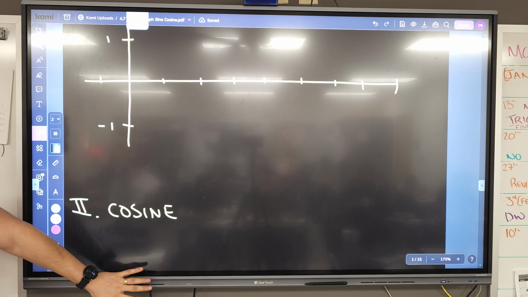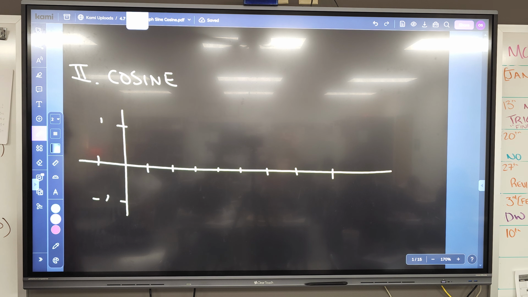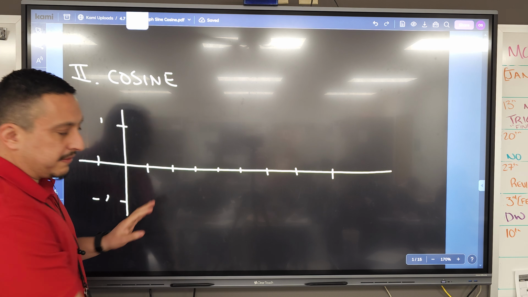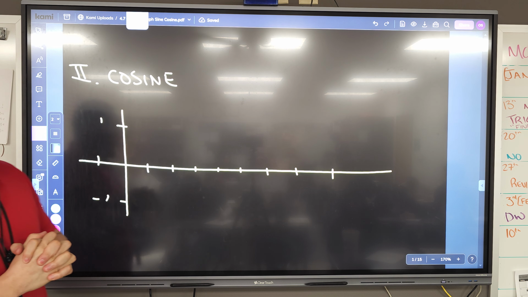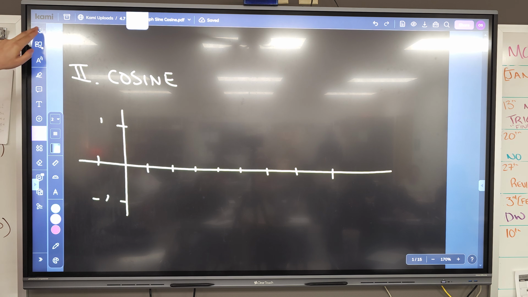And then up 1, down 1. If you have a unit circle with you, take it out, please. If you don't have one, it's fine. But if you have one, take it out because we're going to use it. I have it on here too, and I'm going to go up to it, but it's better if you see it with you right there.